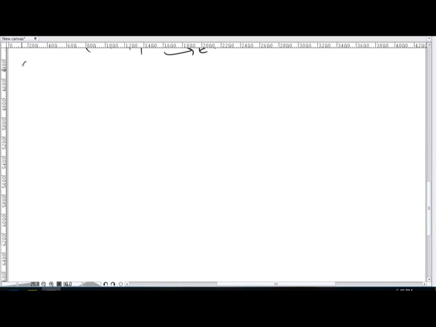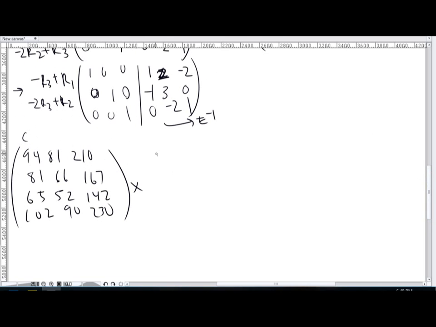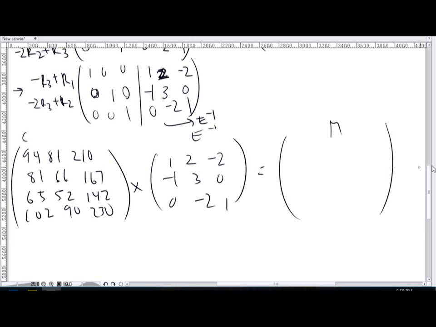So C is 94, 81, 210, 81, 66, 167, 65, 52, 142, 102, 90, 230, and then multiply it by the inverse of E, that's 1, 2, -2, -1, 3, 0, 0, -2, 1. This will become M.